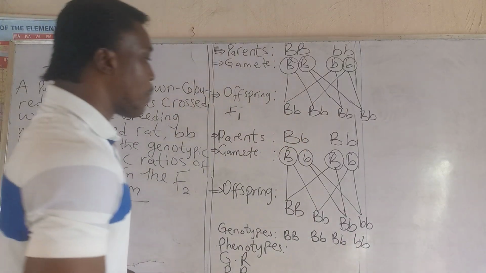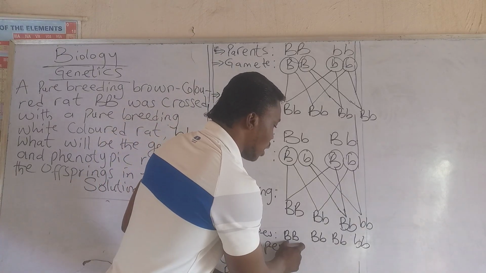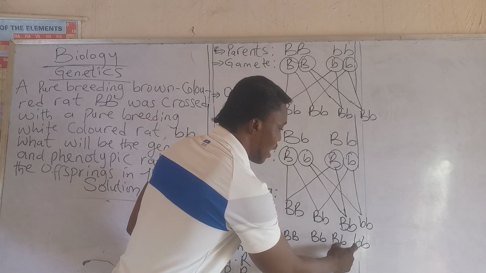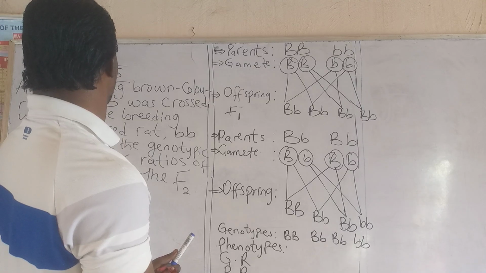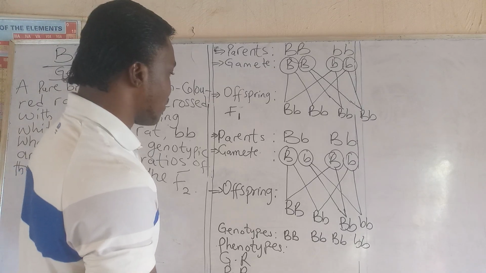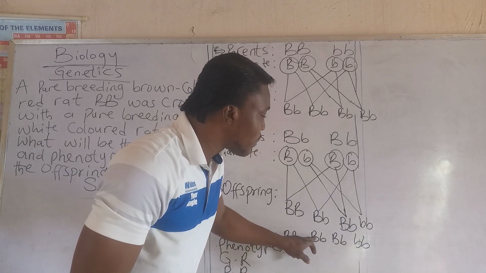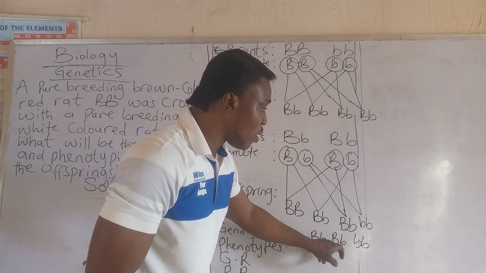Now, what is the phenotype? The phenotype here means you have one brown cat, another brown cat, another brown cat. Is it cat or rat? That should be rat rather. So even though you have capital and small b, this capital B dominates this small b.